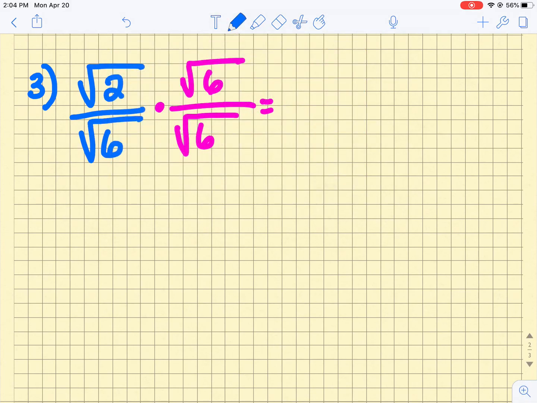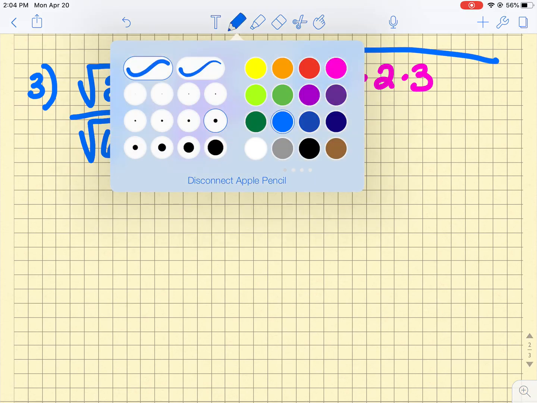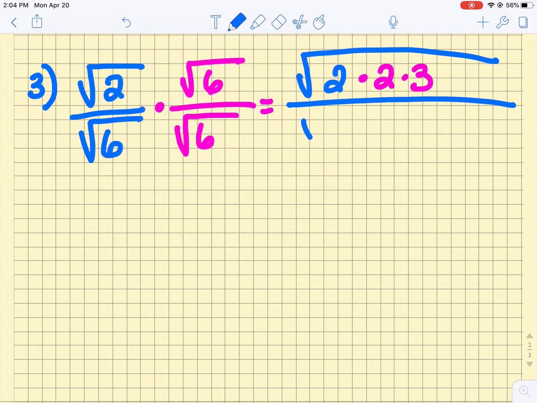So in the numerator, we now have the 2, and then 6, which I'm going to prime factor to 2 times 3. In the denominator, we have a 6 times 6, and we already knew that was there. Okay? In the numerator, we can take out a 2, and 3 is left behind.